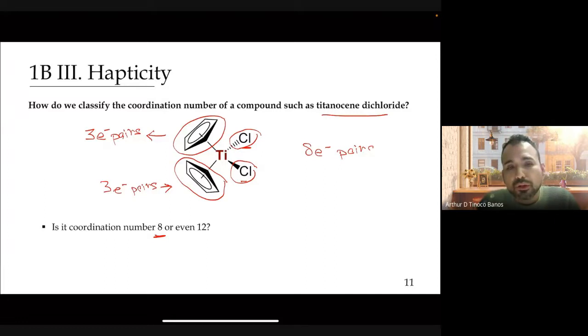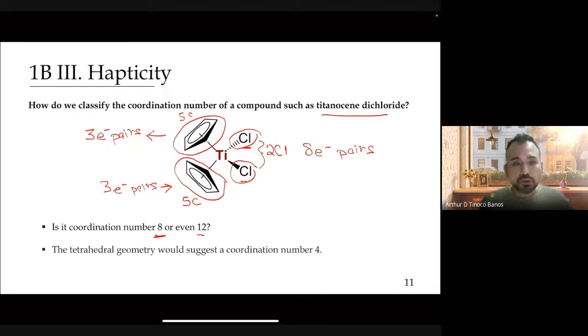But what about the possibility of coordination number 12? Well, 12 will be coming from the fact that we have 5 carbons here, 5 carbons here, and then you have these 2 chloro groups that are interacting with that metal center. So that would suggest that this is a coordination number 12. But then there's another thing that can make this confusing, is that there's also this correlation, as anyone who's taken inorganic chemistry knows, between the geometry and coordination number.